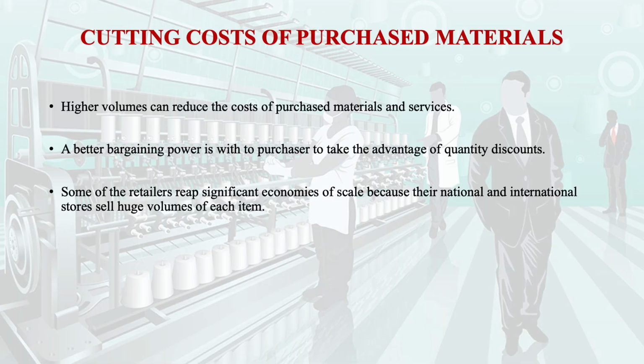If we purchase a large quantity, definitely we will get the discount, and that is the cutting of the cost of purchased material. Some retailers reap significant economies of scale because their national and international stores sell huge volumes of each item.